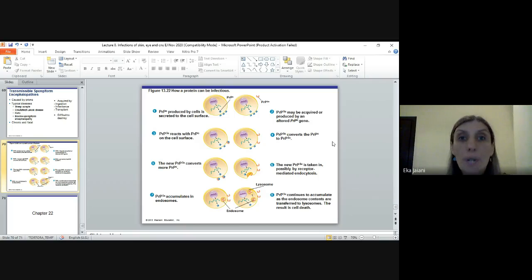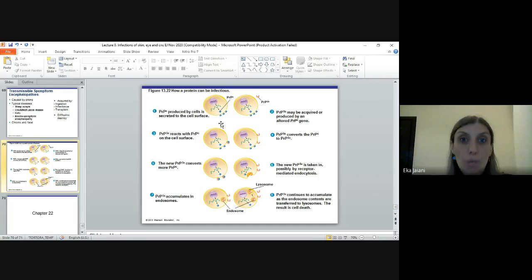So how can we get these abnormal prion proteins? One way is through mutation, so it can be a genetic reason. Some mutation happens in the gene encoding the prion protein, which changes the conformation, and it becomes abnormal. Another way is infectious.